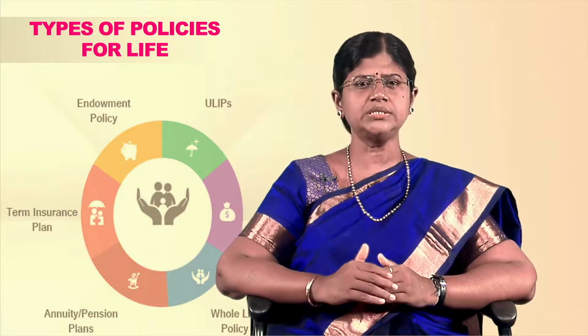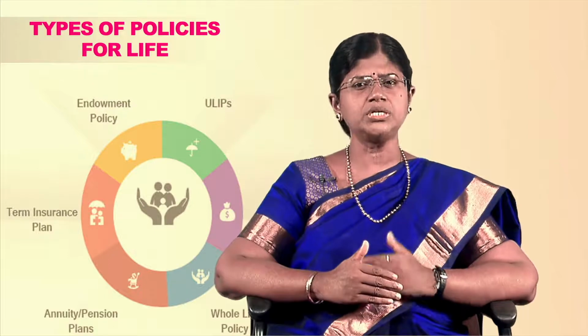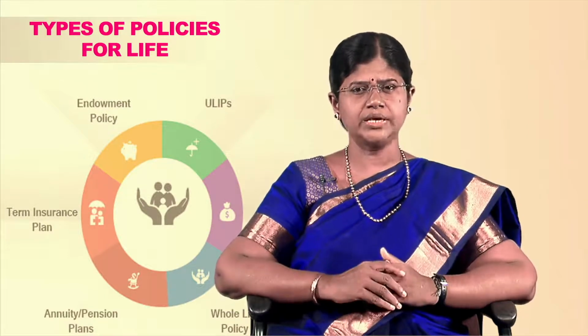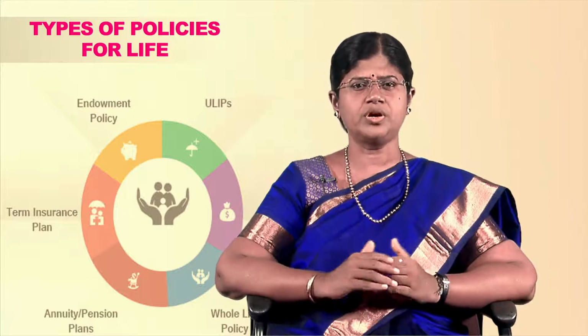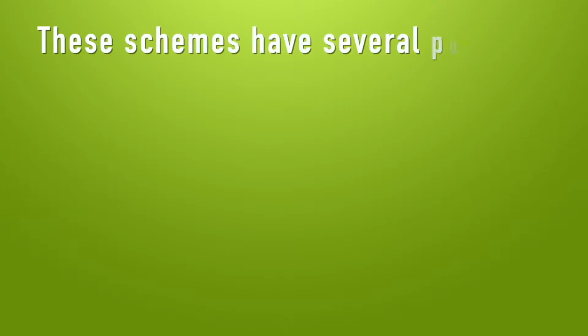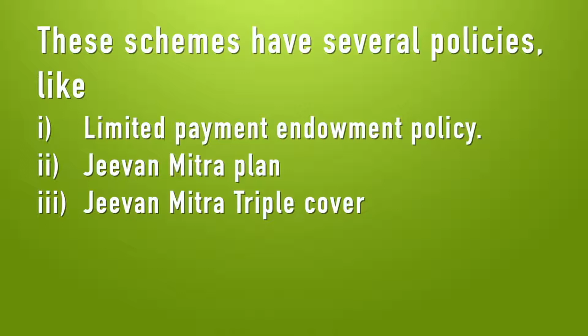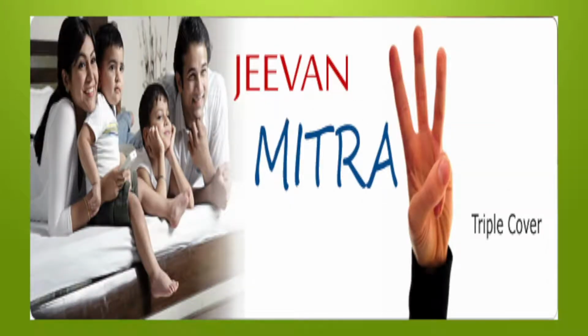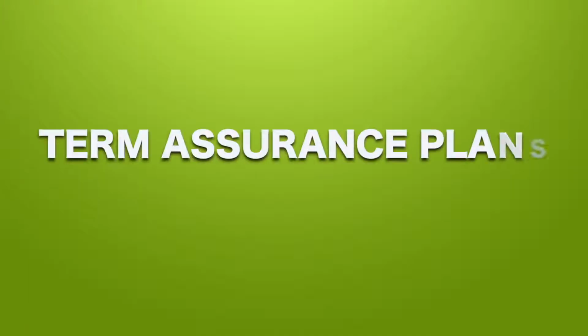These policies provide security to the family in case of death and accumulate savings as a source for old age. These schemes have several policies like limited payment endowment policy, Jeevan Mitra plan, Jeevan Mitra triple cover.